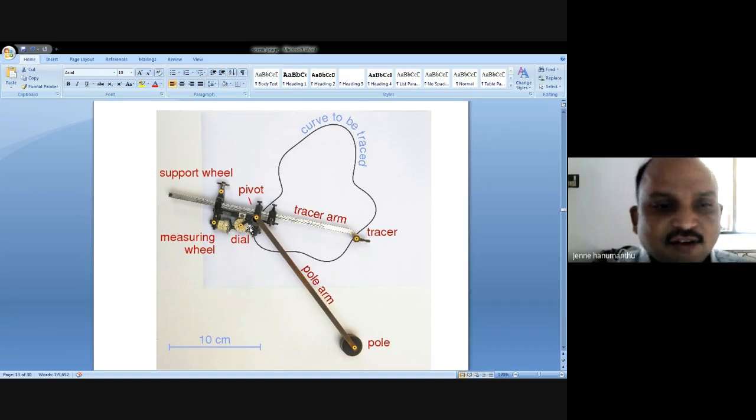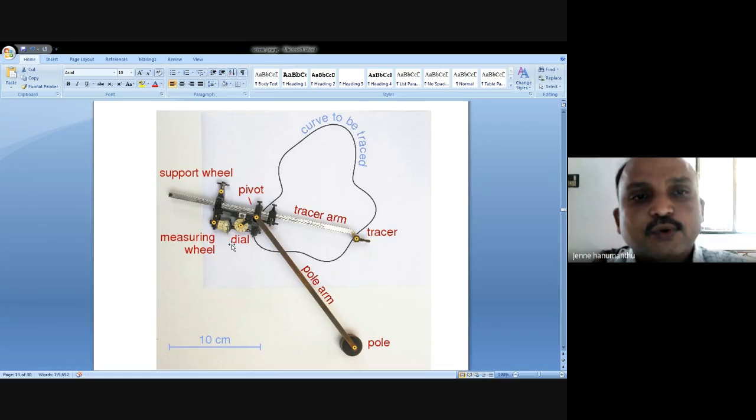Next, followed by the vernier. When the tracer has one rotation and the wheel has some rotations, the vernier shows some value that we have to add. Because of the dial we have 1, because of the wheel 28, so 1.28, and the vernier shows some other value on the scale.